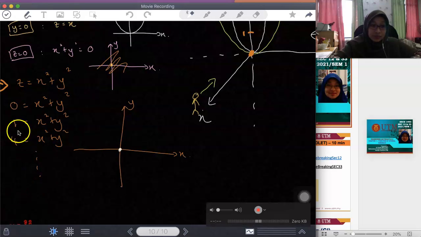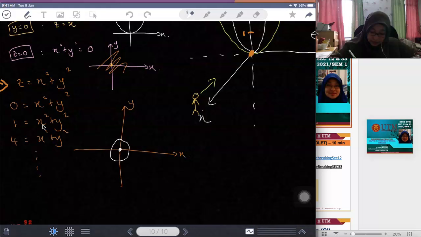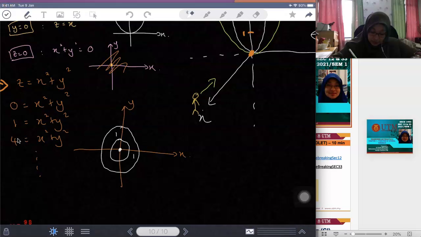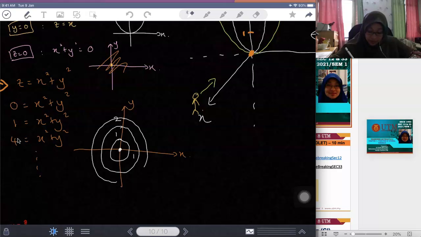And z equal to 1, you have a circle with radius 1. And when z equals 4, you have a larger circle with radius 2. And then you can expect what happens next if you increase z. You will always get a circle, and by increasing z, your circle becomes larger and larger and larger.